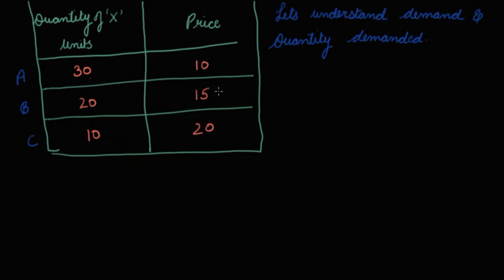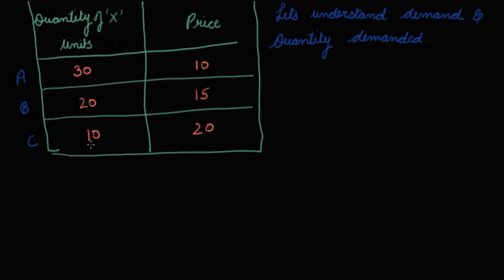Let's understand. 10 is the price of a commodity. 30 is the quantity that a consumer can buy at the price of 10. If the price is 15, the consumer buys 20 units. If the price is 20, the consumer buys 10 units. We took the example that a samosa was 5 rupees. You have 20 rupees in your pocket, so you can buy 4 samosas. I don't like samosa because it contains a lot of calories, but just for an example.